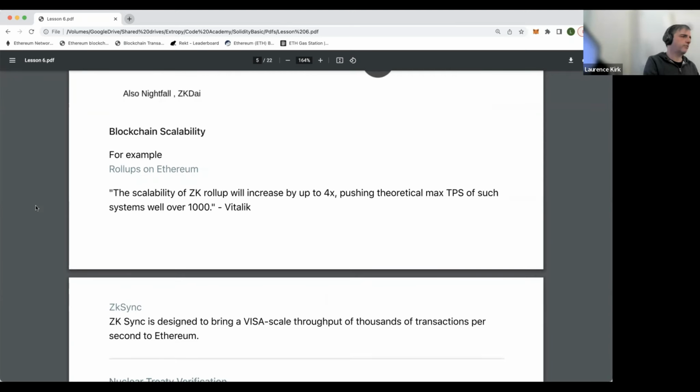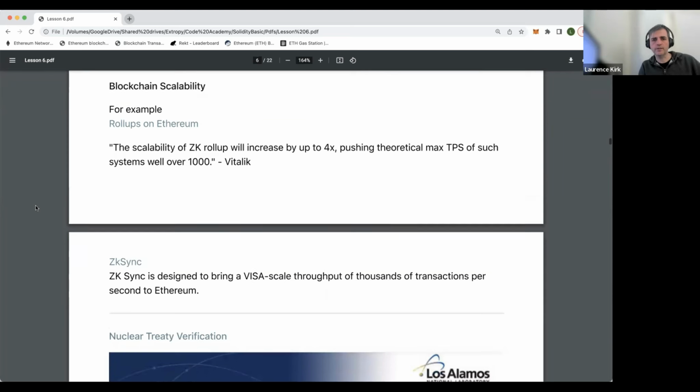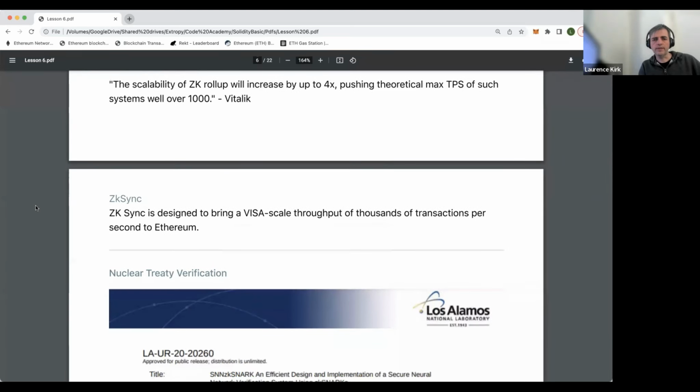So we're moving from the typical maybe 25 transactions per second that we expect on Ethereum to many thousands of transactions per second. And this has made a massive difference to Ethereum. And it's really addressing some of the scalability issues that we have. And yeah, zkSNARK is another example. So that is one of the great use cases of zero knowledge proofs in blockchain.